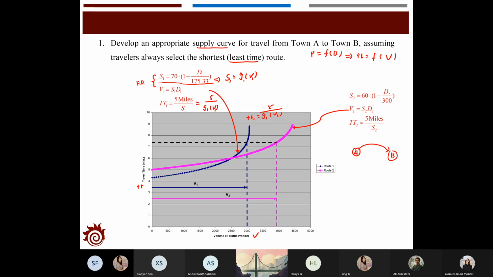If you still remember our previous lectures, if two cities are connected with 2 routes, we need to find out their combined cost, not by adding the costs together.